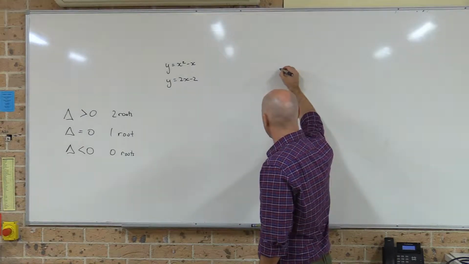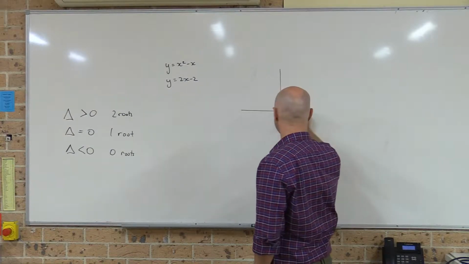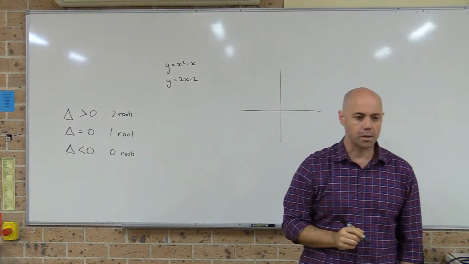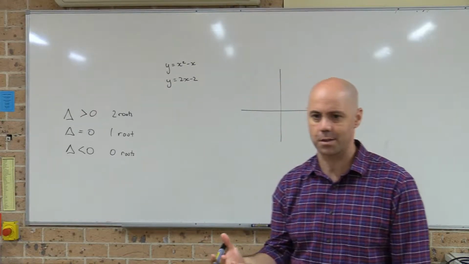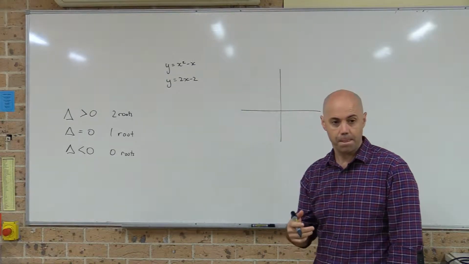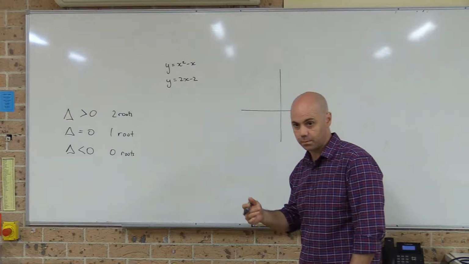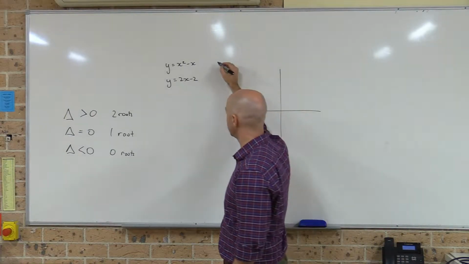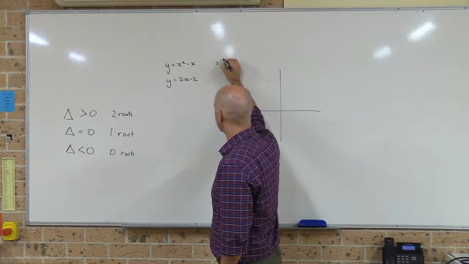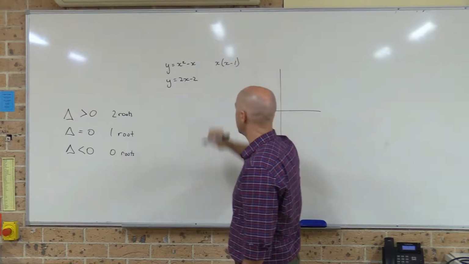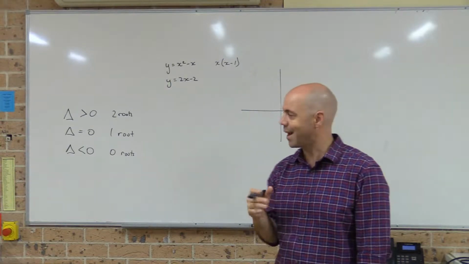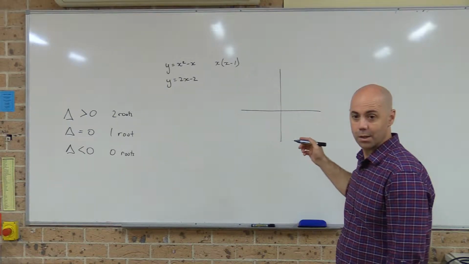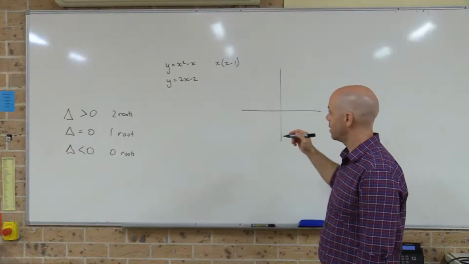If we were to draw these, first of all, x squared minus x, how do we work out where it cuts the x-axis? Factorise it. x by x minus 1. Therefore, where does it cut the x-axis?